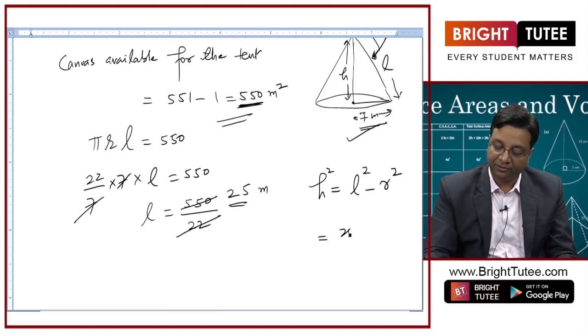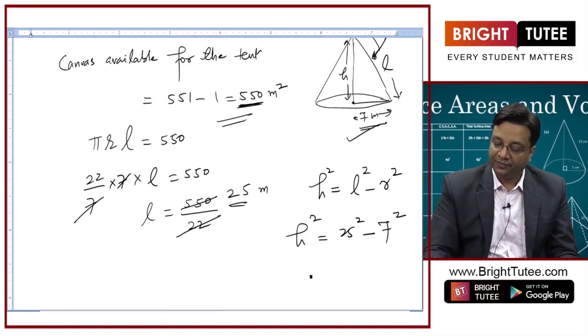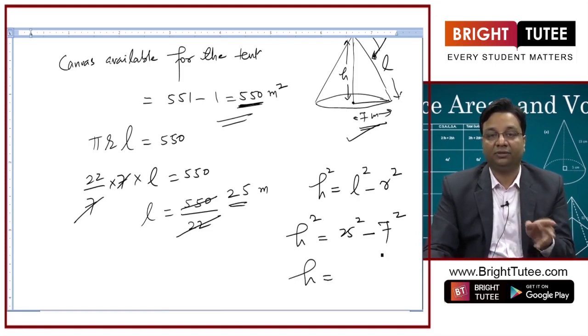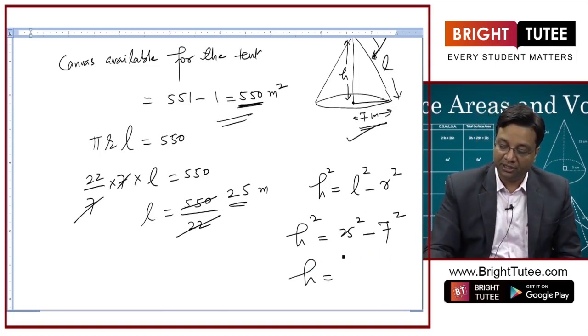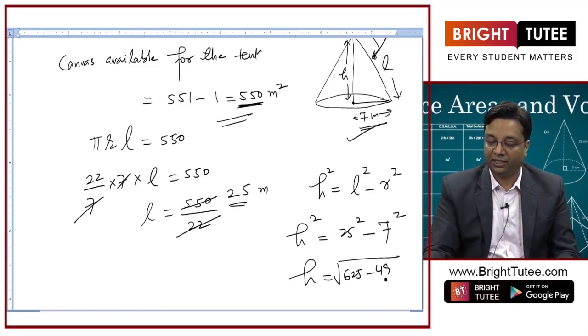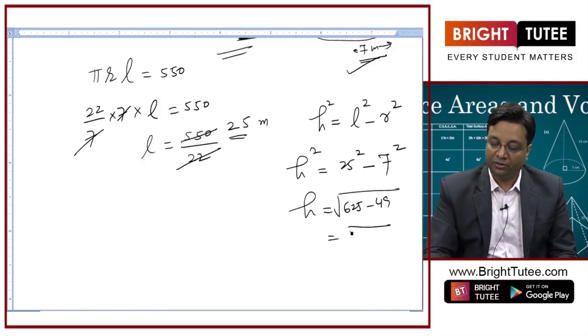L is 25, so 25 square minus 7 square. So h will be, I directly know because 7, 24 and 25 are Pythagorean triplets. Otherwise what you can do is h is equal to square root of 625 minus 49, that is square root of 576, hence it will be equal to 24 meter.